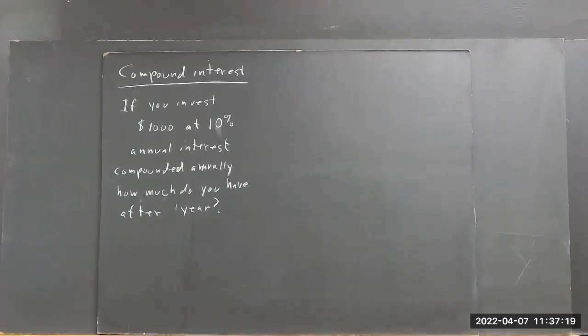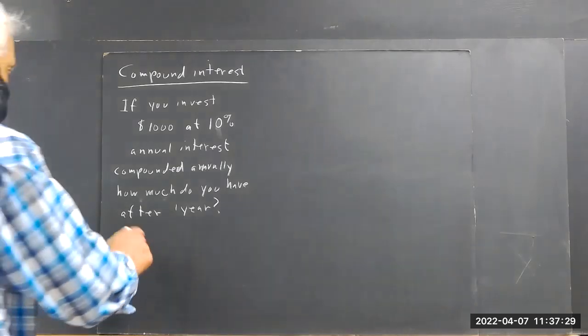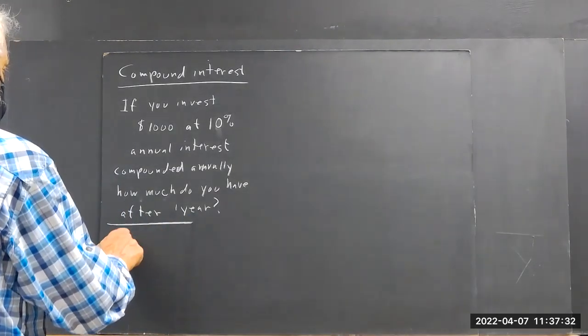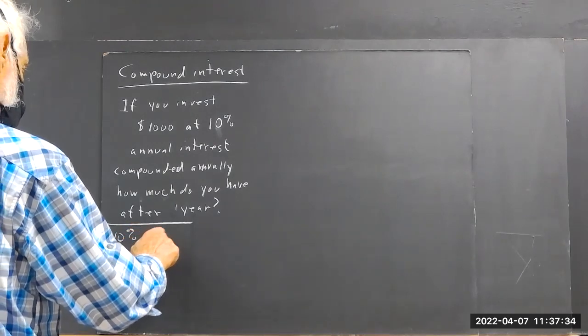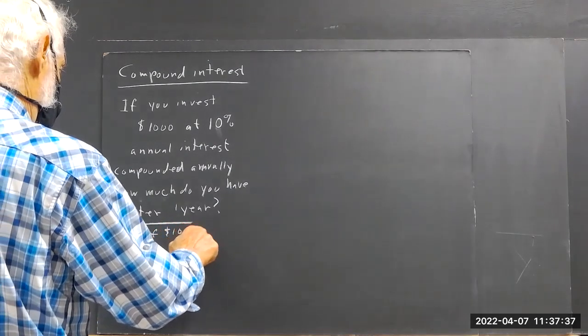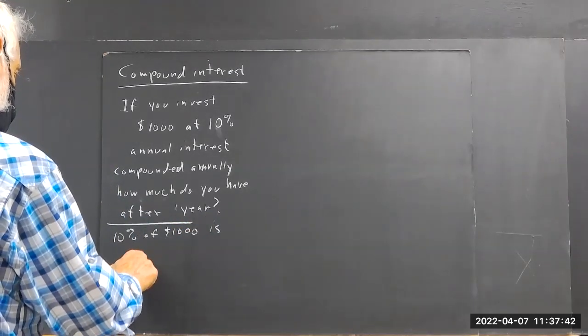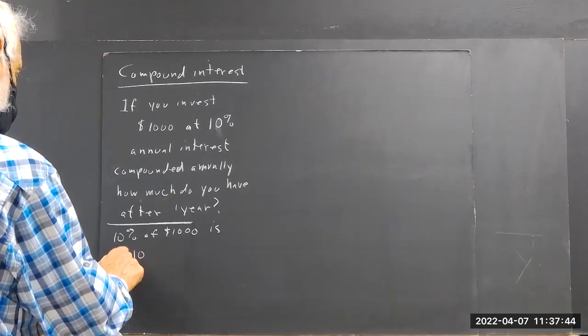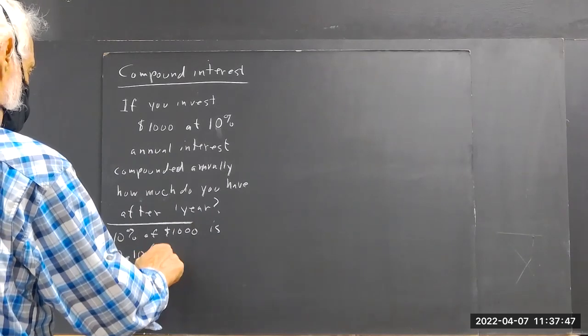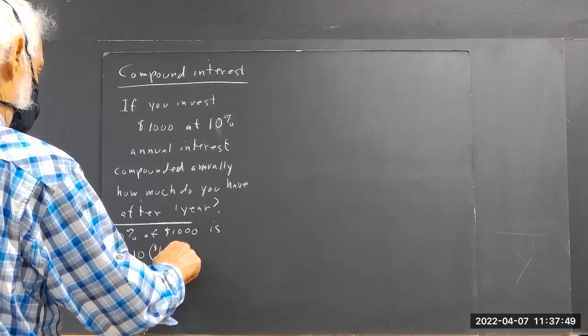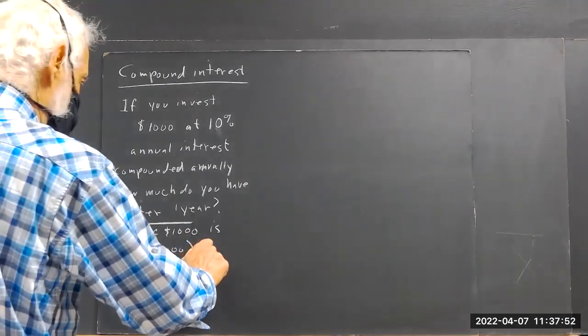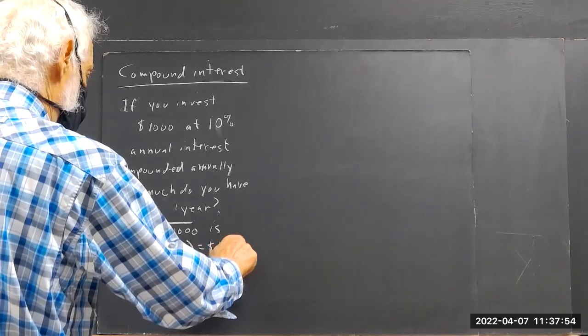If $1,000, well, so we want to make sure we understand the terminology, but okay, well, clearly 10% of $1,000 is 0.10 times $1,000, which equals 100.